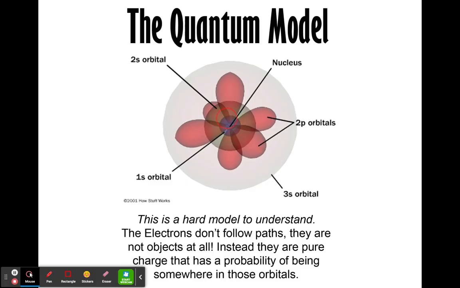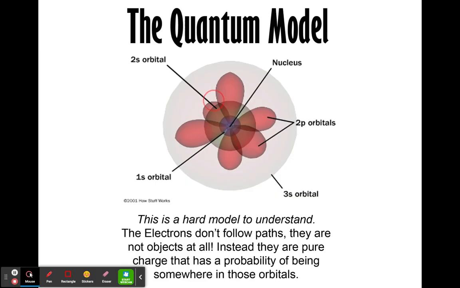And so that orbital is the probability space of finding the electron within that space at a certain energy level. If you go to the second energy level, a higher energy level, you get the 2s orbital, and that orbital is bigger, same shape, but bigger.